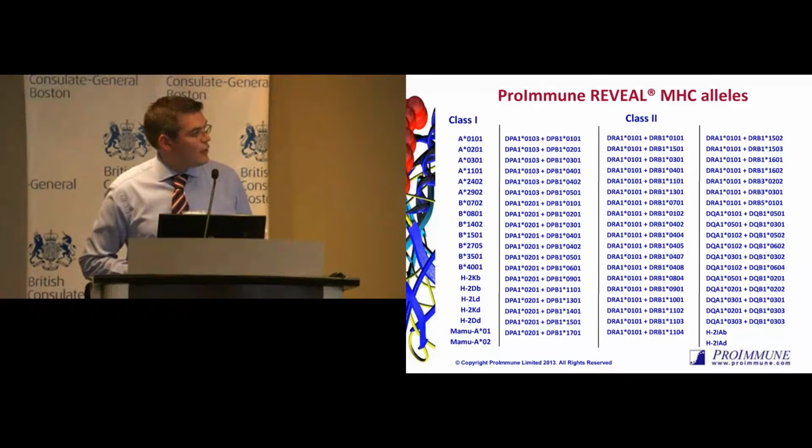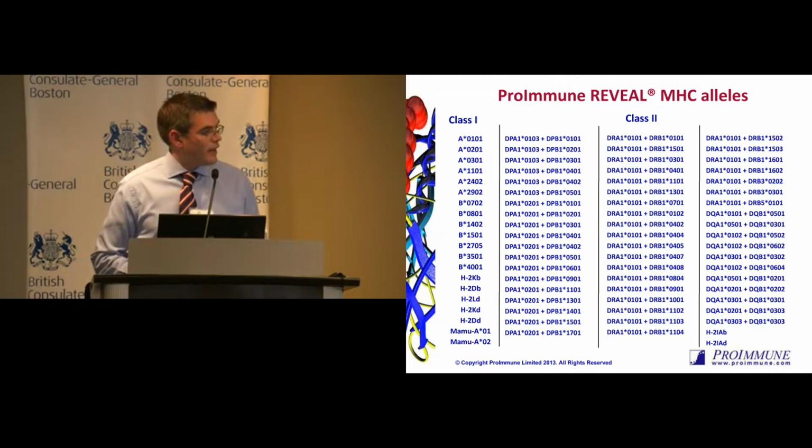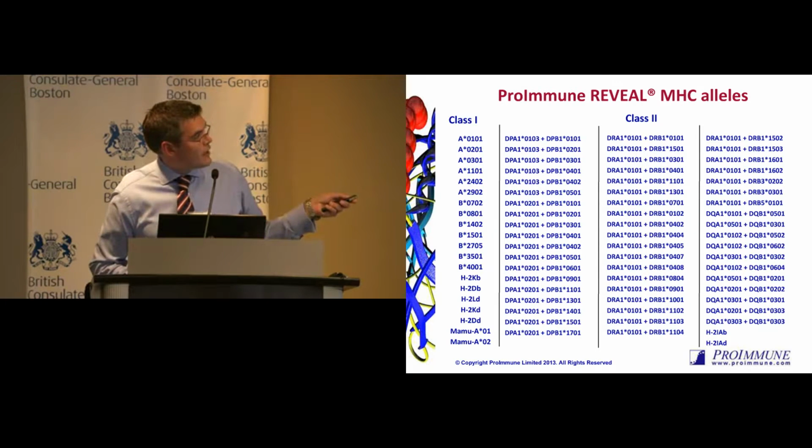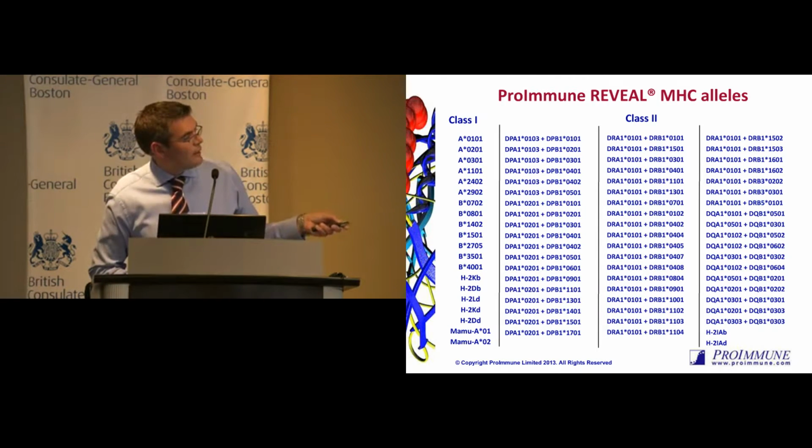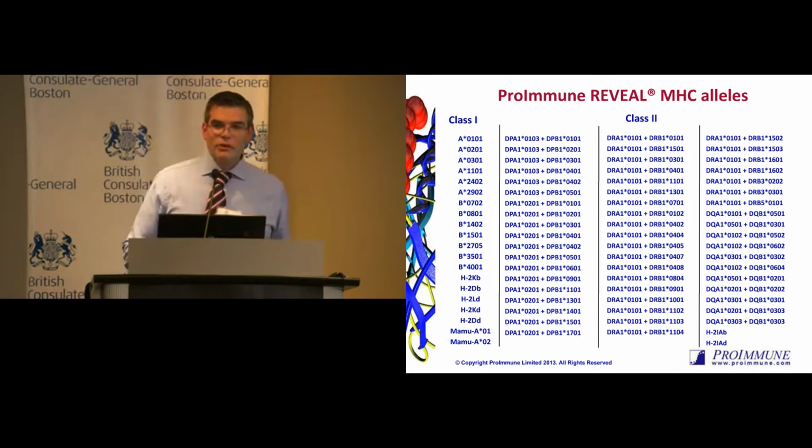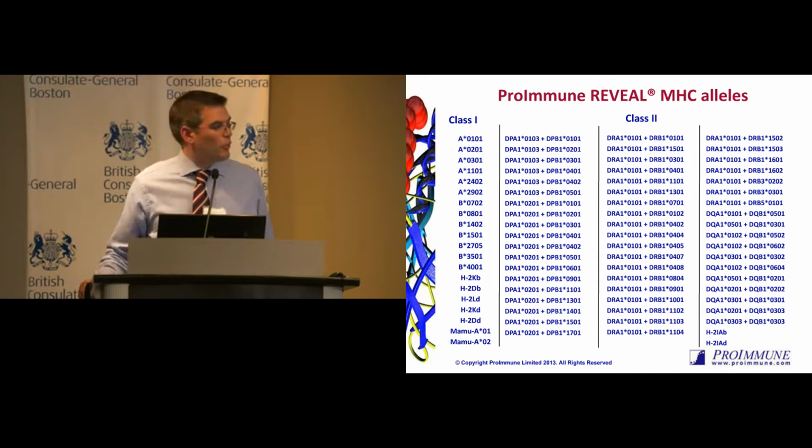It's just a list of all the different HLA molecules that we have available, just to point out DPs, DRs and DQs. The field of even putting this list together is quite complex. I shan't bore you with all the details, but the alpha and beta chain pairings for DQ is really still at the cutting edge of our knowledge.